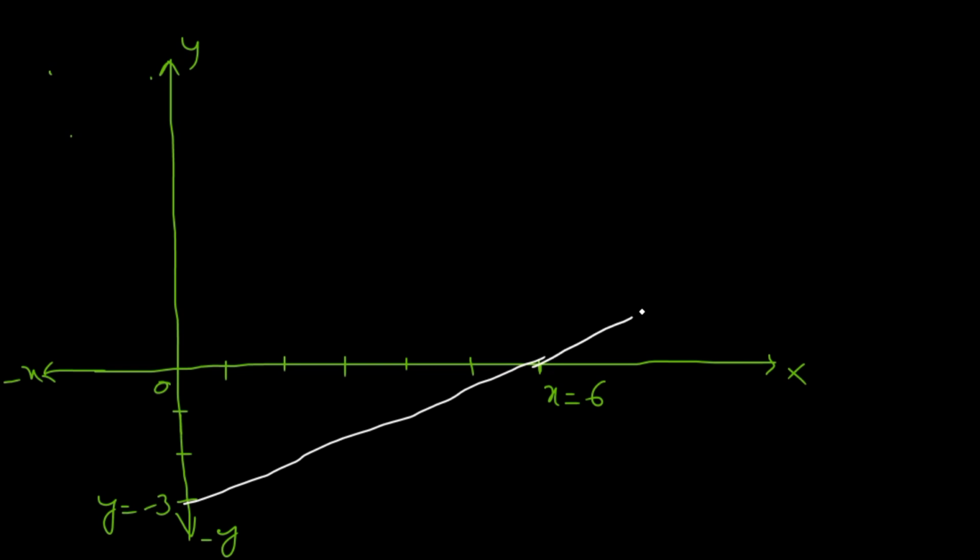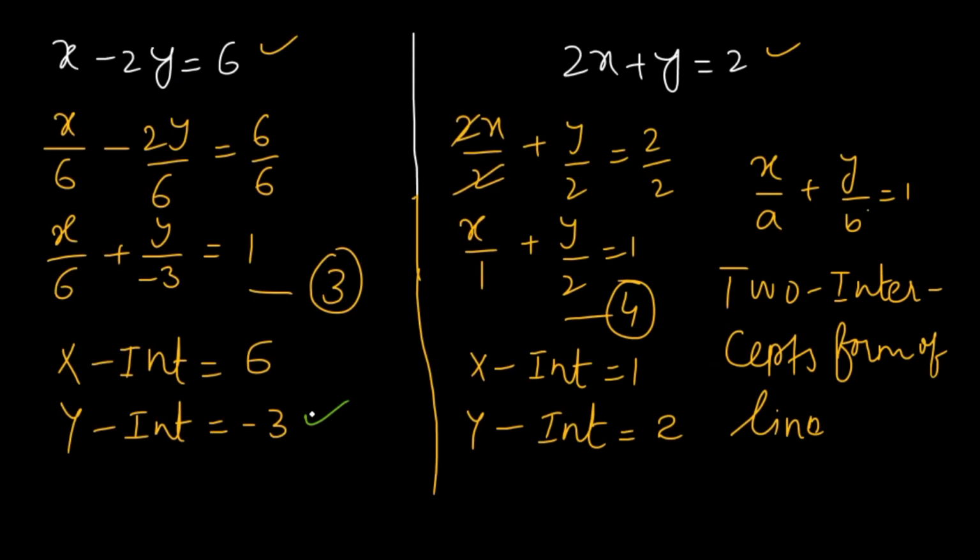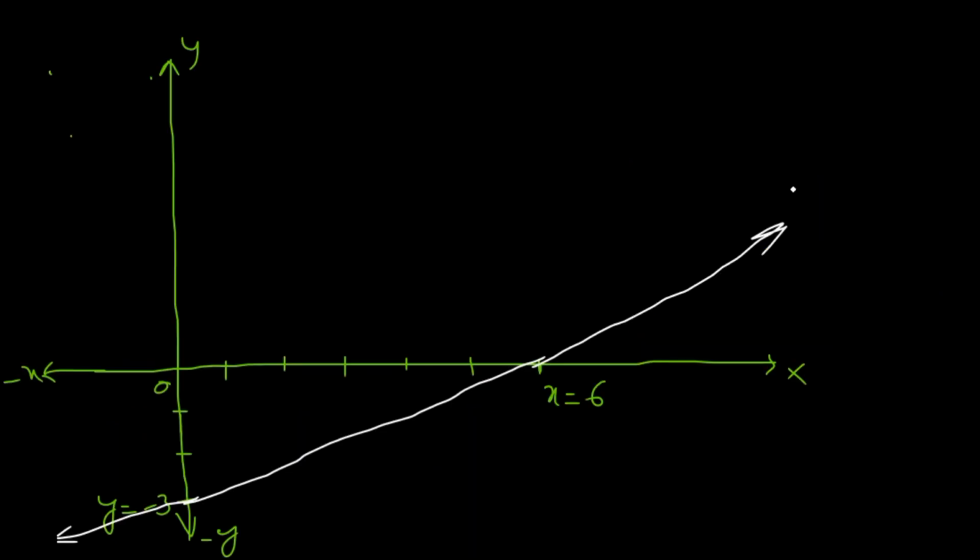So this is the graph of the straight line for the equation x minus 2y is equal to 6. This boundary line is actually the graph of x minus 2y is equal to 6.